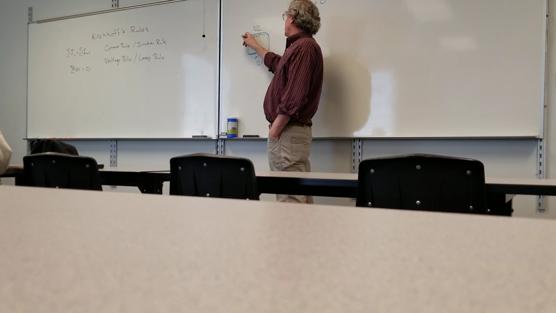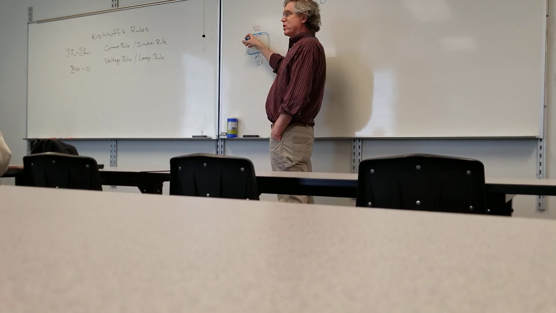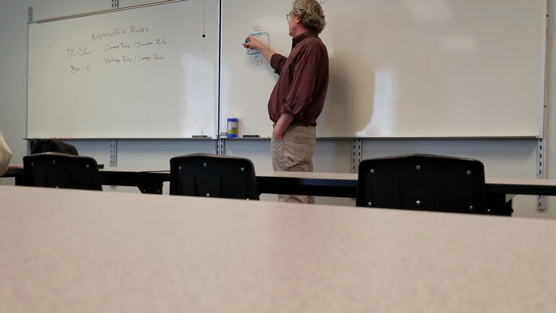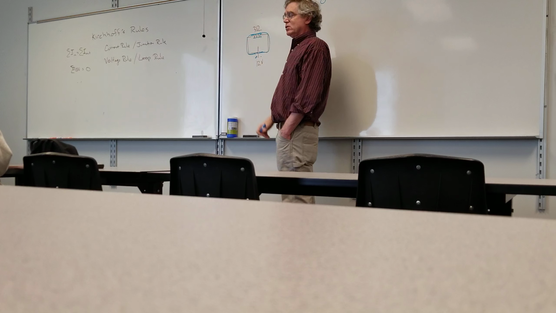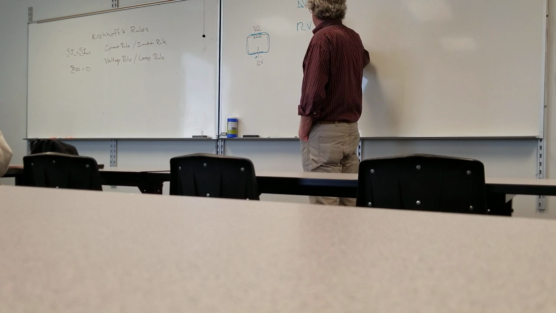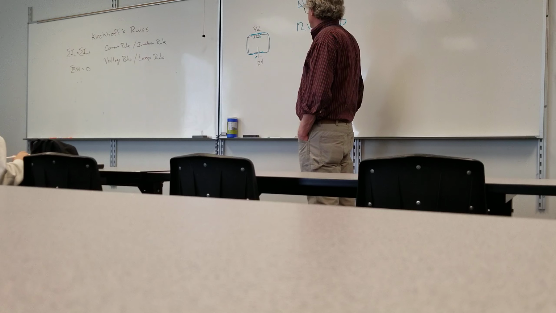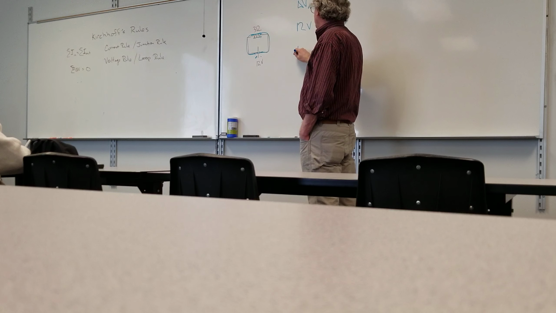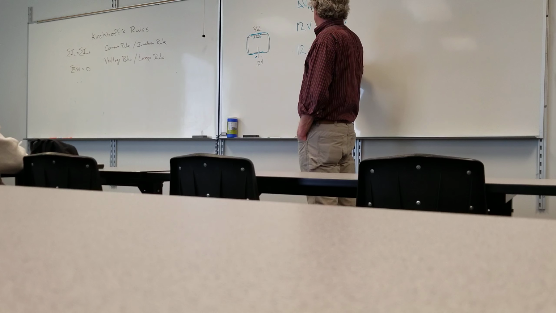So going across my resistor in the direction of current flow, I lose potential: minus the change in potential across the resistor, and then I should be back at 0. From Ohm's law, that has got to be equal to the current times the resistance.